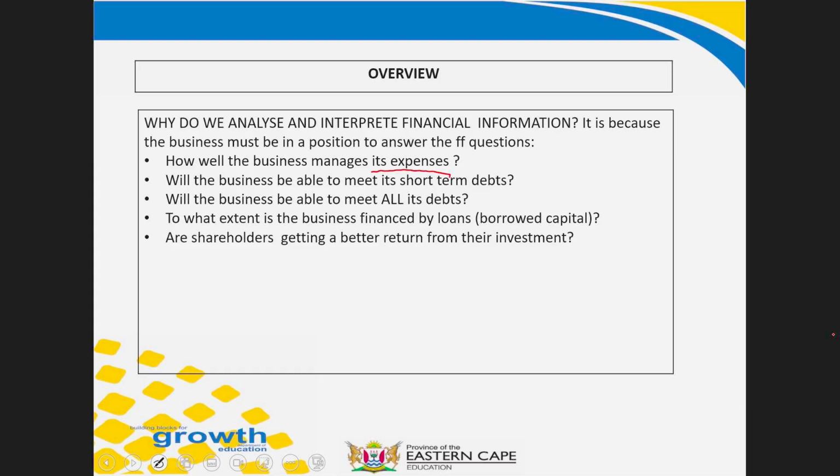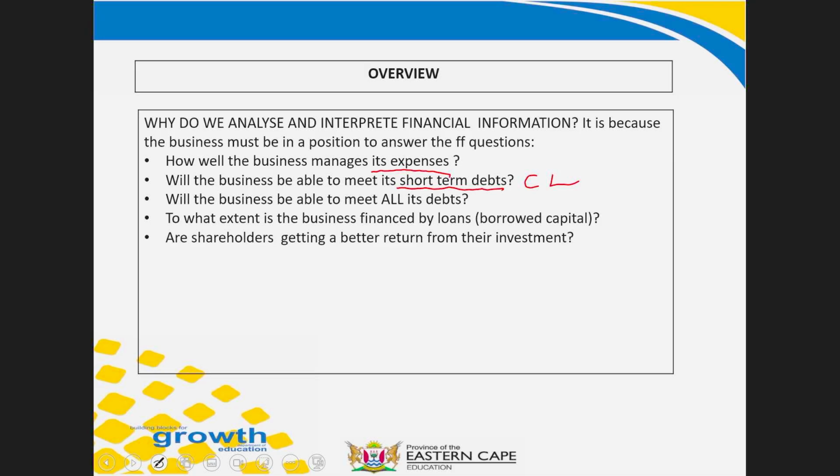The second question that we must be able to respond to is: will the business be able to meet its short-term debts? By short-term debts, I am referring to current liabilities. Are we having enough current assets to cover our current liabilities? All those questions can be answered when we analyze and interpret the financial statements.